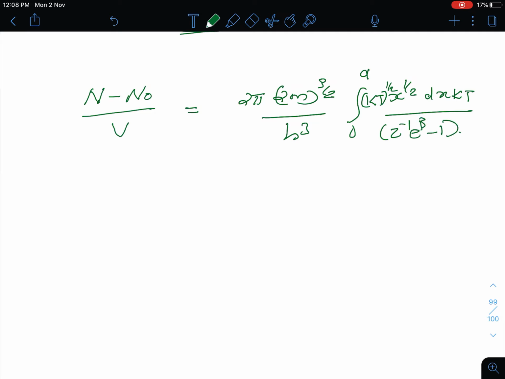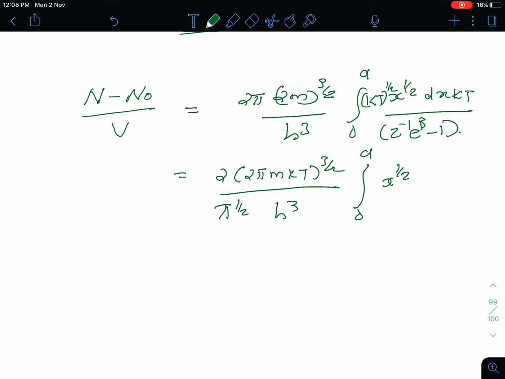So kt raised to 3 by 2 comes outside. So that is 2 pi m kt all raised to 3 by 2 divided by pi raised to half h cube, and the integral becomes 0 to infinity x raised to half dx divided by z minus 1 e raised to beta minus 1. And what is this?